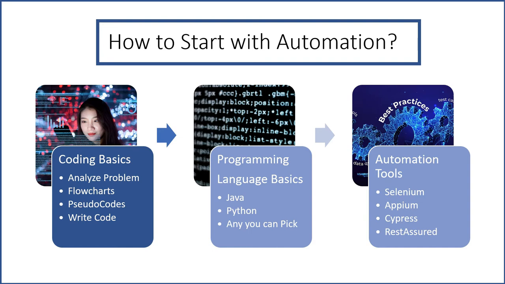You can go into web application testing, mobile application testing, or API testing automation, and this will open so many doors of opportunities for you if you learn in this manner. You can select the automation tool of your choice and learn it.